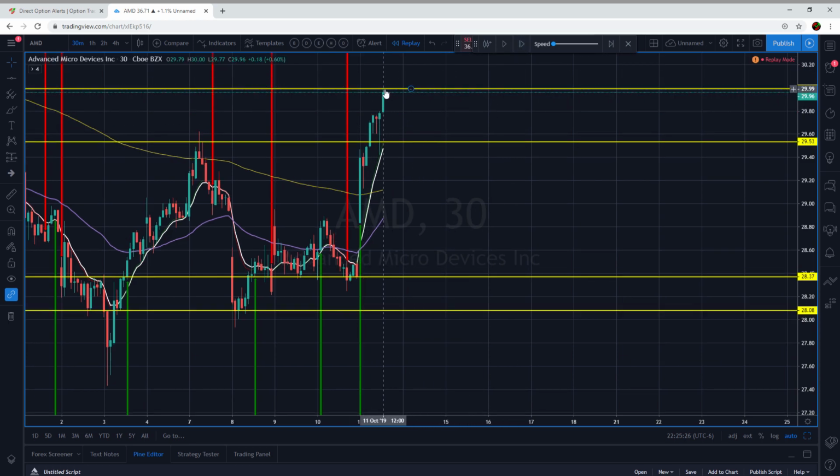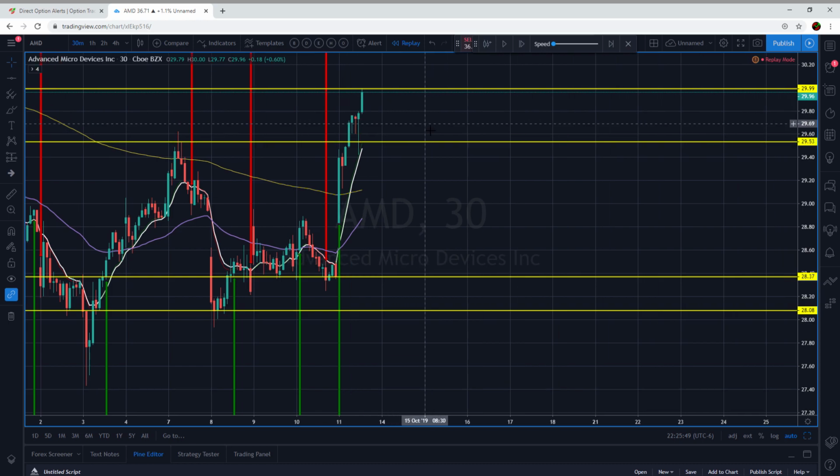Then boom, it touched the resistance, $30. So we would have made profit already by then. From where we entered all the way up here, that's about 2% within 3 hours. So within 3 hours, we would have made our money already.